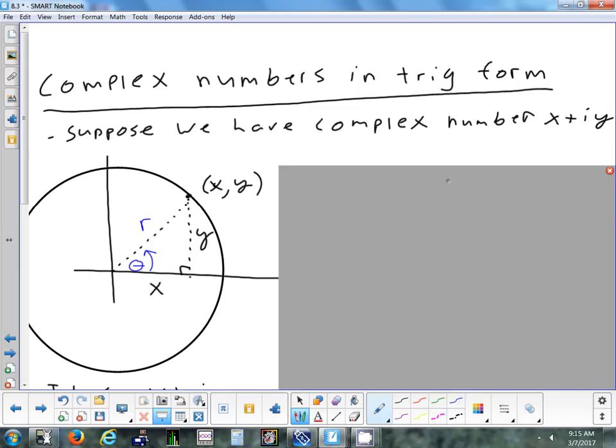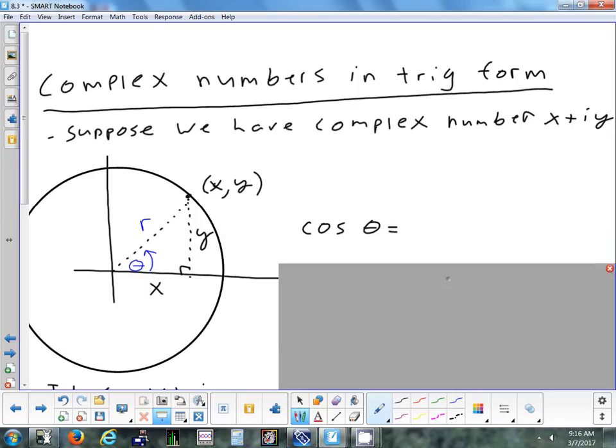The sine or the cosine? Yeah, we're going to use sine and cosine to come up with a formula, something we could replace x with, because in trig form, x doesn't exist. The only thing that exists in trig form is r and a theta. Okay? And also in trig form, y doesn't exist. Okay? X and y, that's standard form. Trig form, x's and y's are replaced with r's and thetas.